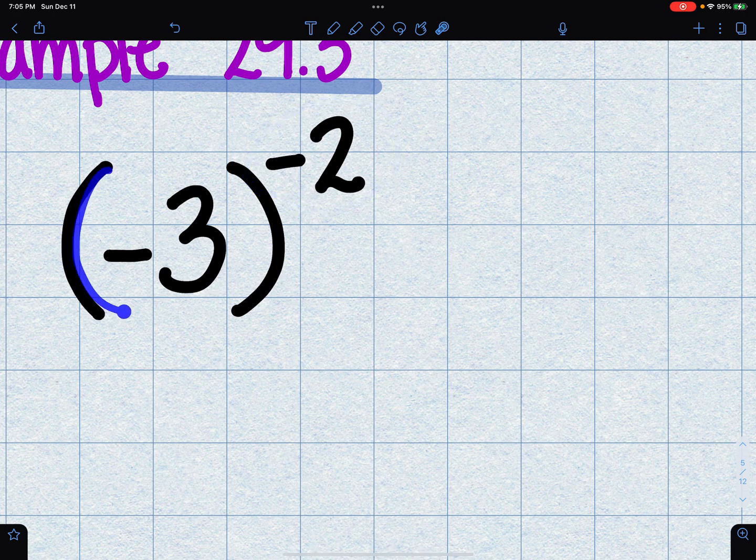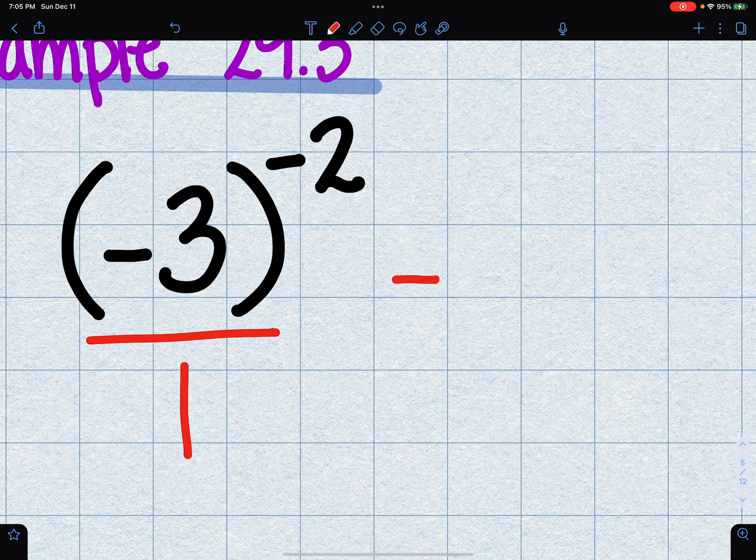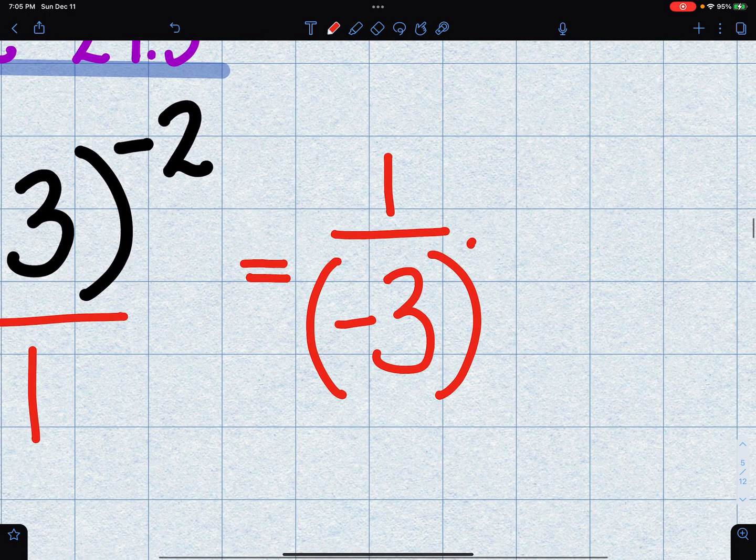You can't multiply this negative 3 negative 2 times by itself, right? That doesn't even make any sense. So I'm going to move this part from the numerator to the denominator. So this is going to be 1 over negative 3, and now I'm going to square that, changing that negative 2 to a positive 2.